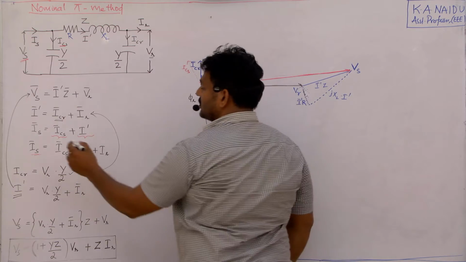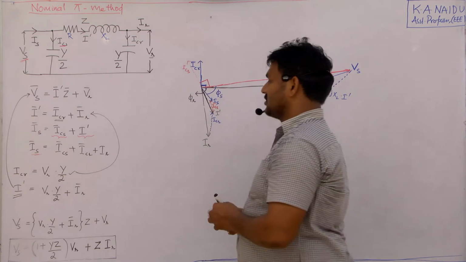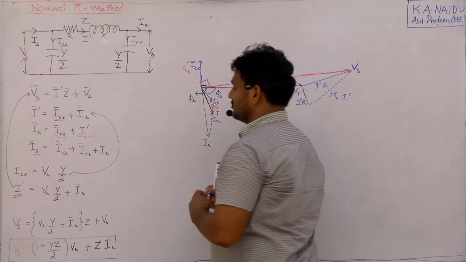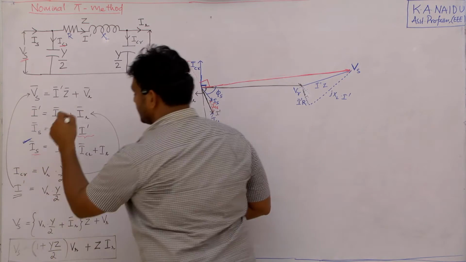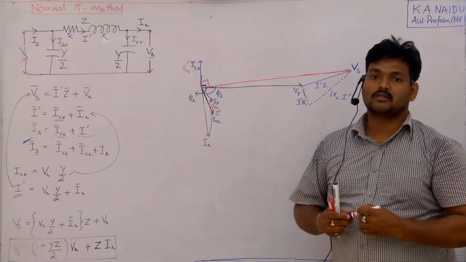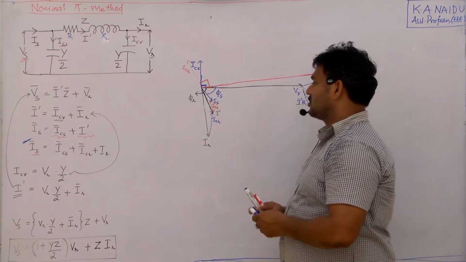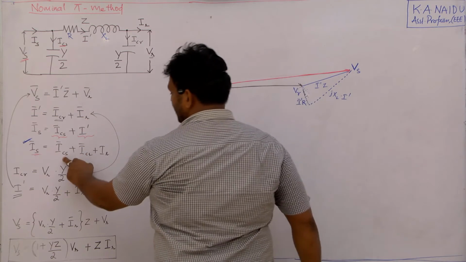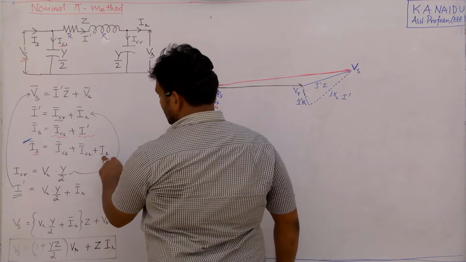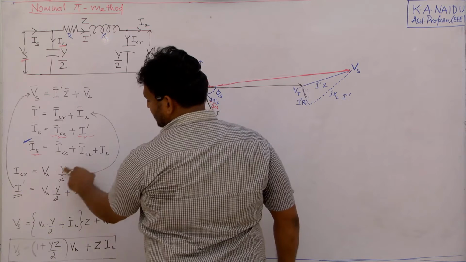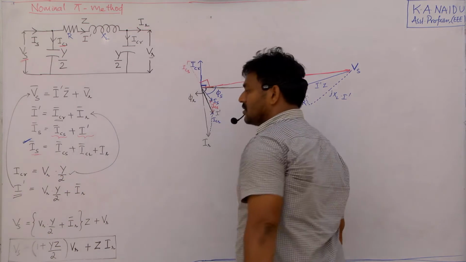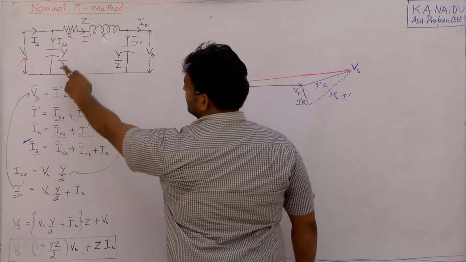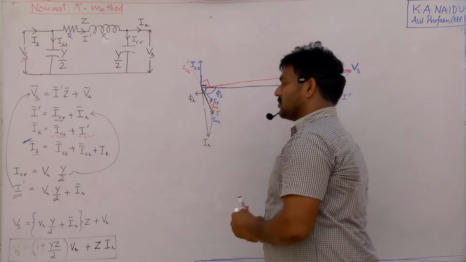Now we need to find out what is Is in terms of VR and IR. Okay. So what is Is? Is is ICS plus ICR plus IR. ICR is VR into Y by 2. ICS is Vs into Y by 2.